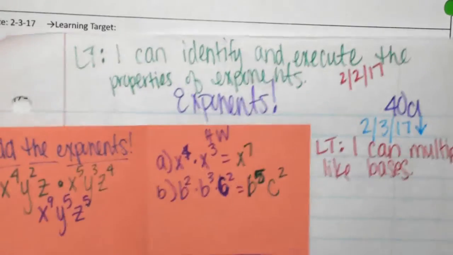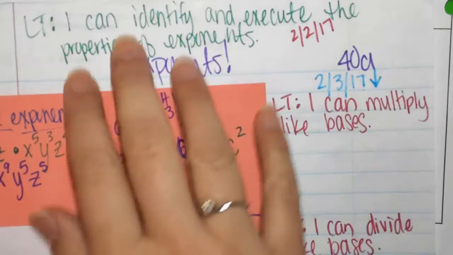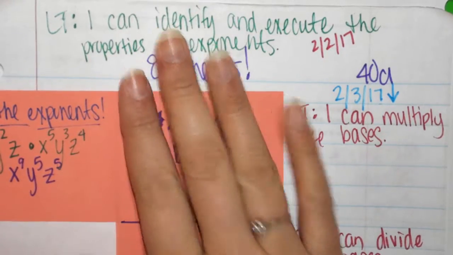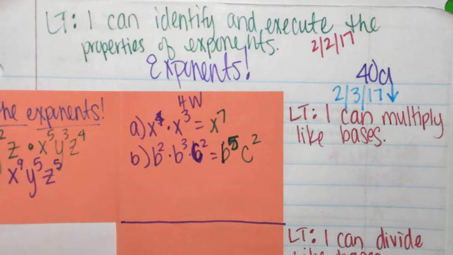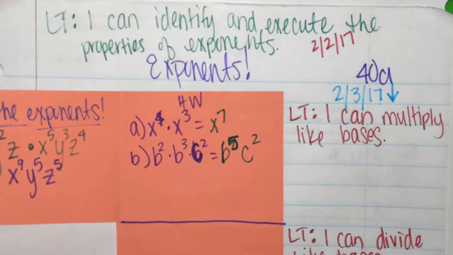Okay, so it says I can identify and execute the properties of exponents. So what do you think that means you should be able to do by the end of the unit? Kind of. It says I can identify the properties of exponents. So what would that mean?